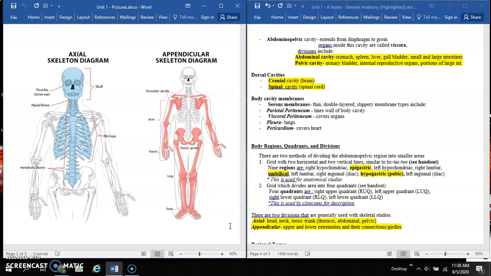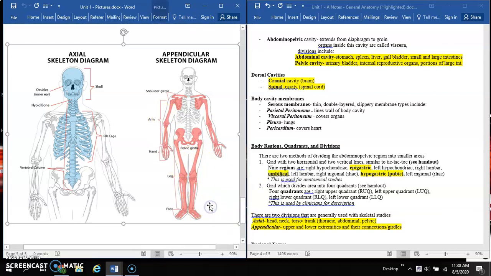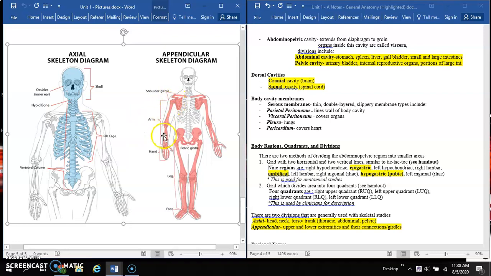And the appendicular bones here in red are the bones of your appendages, and the connective points for those appendages. For example, you look at the axial skeleton here. These are all torso or core bones, and the appendicular are all appendage bones, or the bones harnessing the appendages.